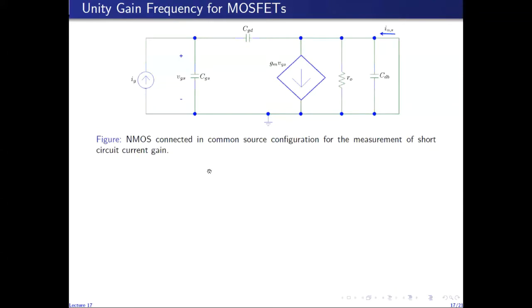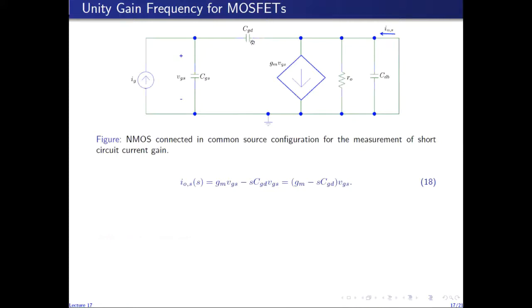Similarly, for MOSFETs, we can use the high frequency small signal hybrid pi model, short circuit the output, and excite it with a current source Ig. Following a similar analysis, we can find the output short circuit current as gm·Vgs minus the current flowing through Cgd from left to right.